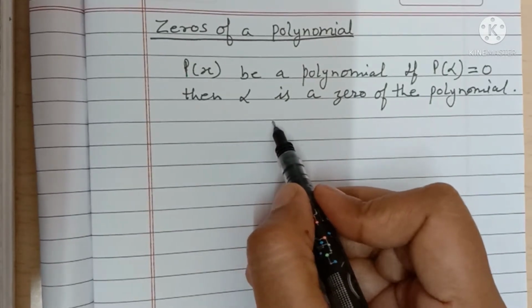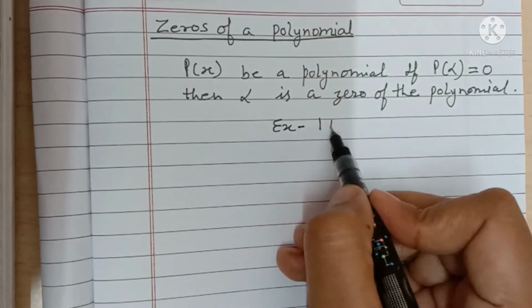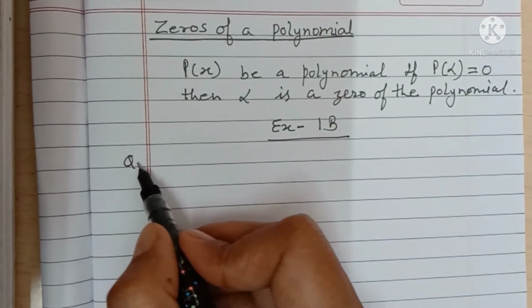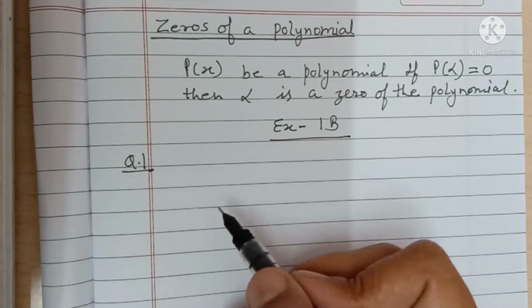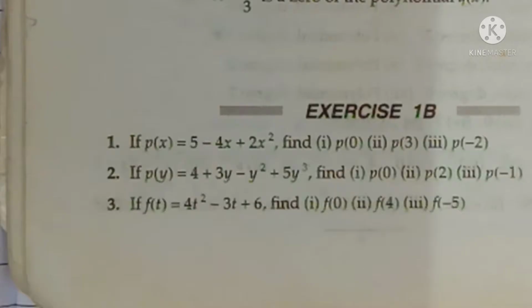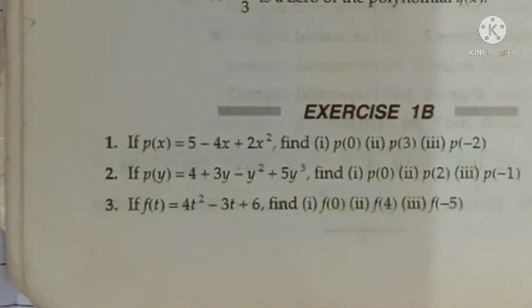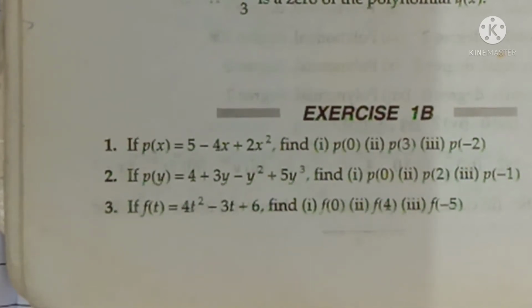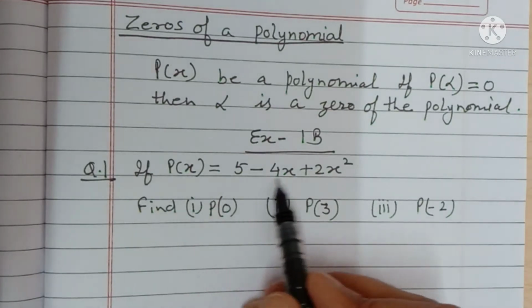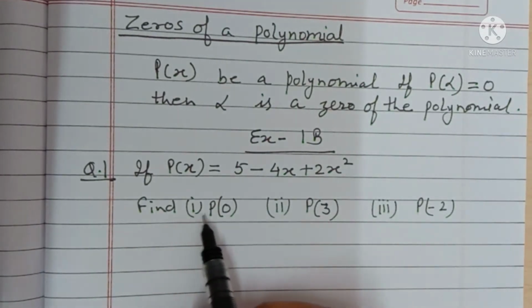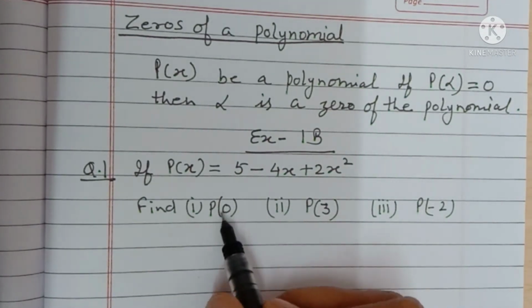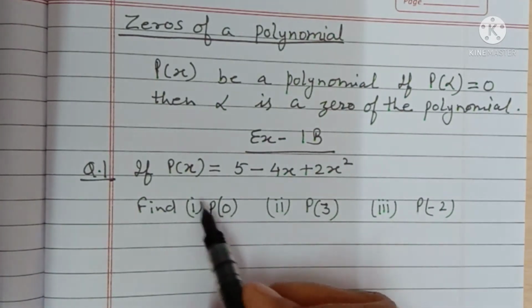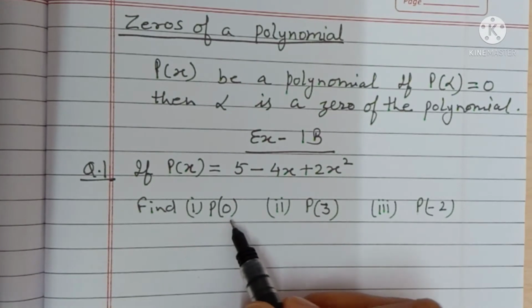So we will do Exercise B and question number 1 first. These are the questions. We will do some parts and some parts you will try yourself. Now this is the first part. Find P(0), which means the value of the polynomial at 0.